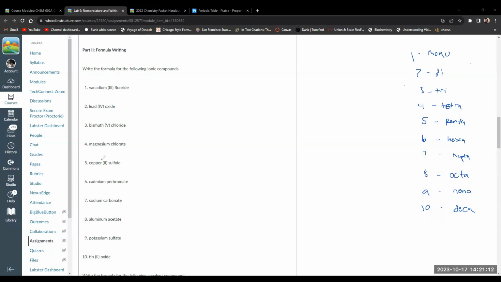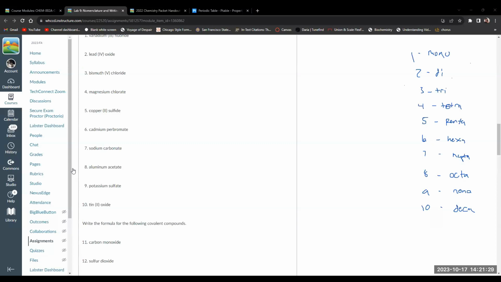We still have the Roman numerals. IDE still ends as a way to mean stop. And if we scroll down here, we can see that polyatomics still keep their name. So all rules that I've discussed still apply. Now we're just working backwards.